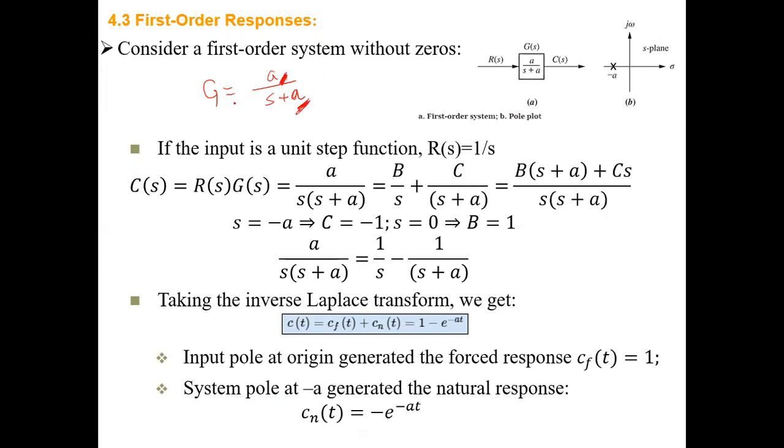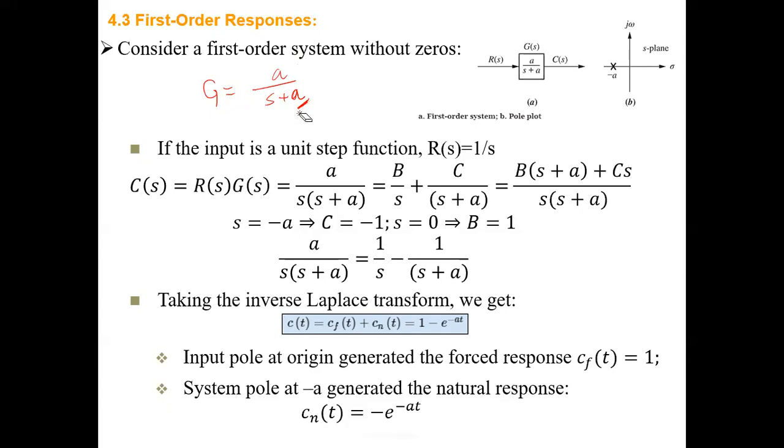So let's choose a system without zero. If you have, let's say, S plus B, then your zero will be negative B, right? But you don't have zero here, so simply A. There is no S component. That's what it means, okay?